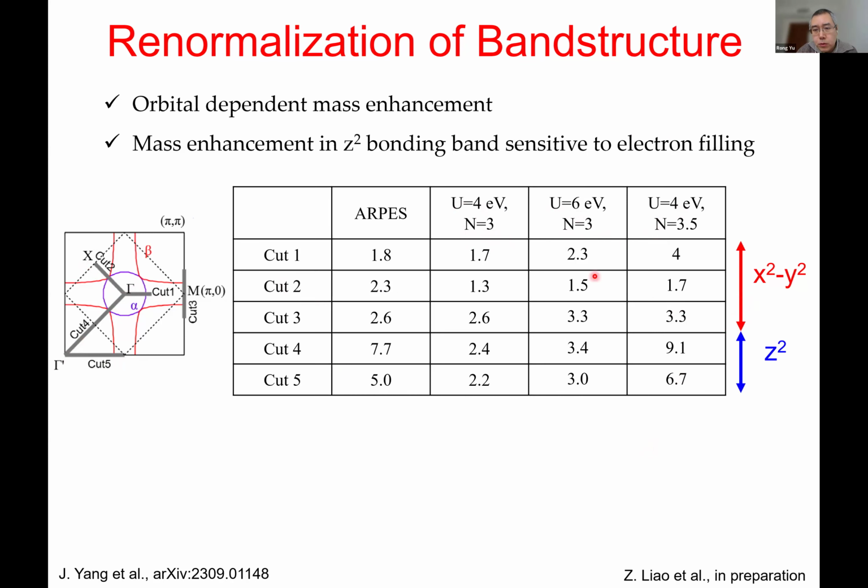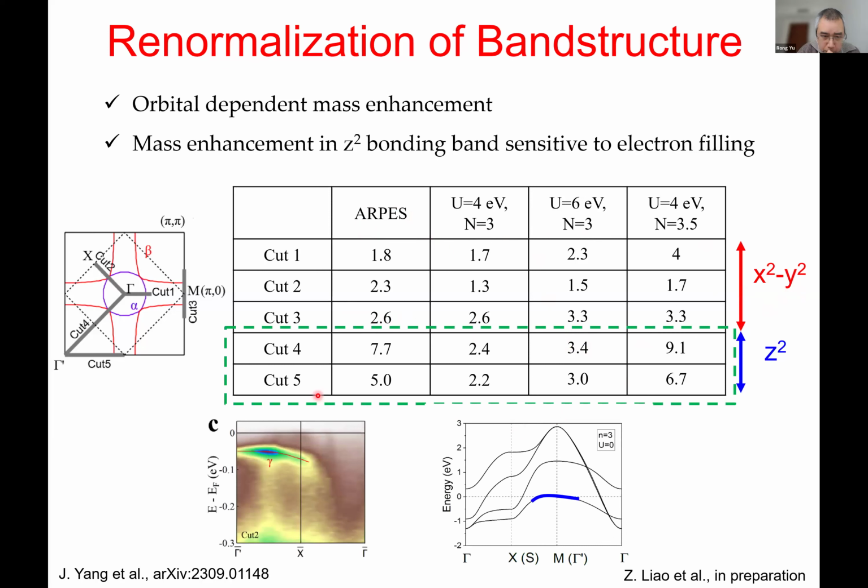For the bands with the x square minus y square orbital character, this factor is between 2 to 3, which is consistent with the ARPES value. However, if we focus on Cut 4 and Cut 5, which are the bands related to the dz square orbitals, then if we fix n equal to 3, although increasing U enhances this factor, the value is still much smaller than the measured value in the ARPES.